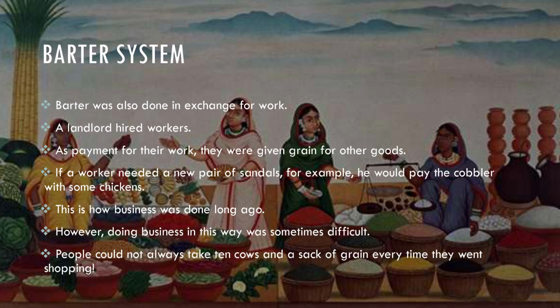This is how business was done long ago. However, doing business in this way was sometimes very difficult. People couldn't always take 10 cows and a sack of grain every time they went shopping.